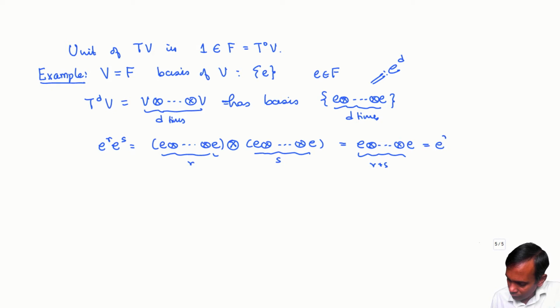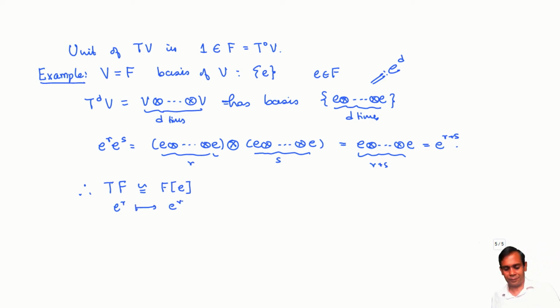So that is E to the R plus S. So what we have seen here is that TV, or let's say T of F, is isomorphic to the polynomial algebra in one variable, which we can call E. This isomorphism is simply defined on basis elements by taking E tensor E R times to E to the R here.